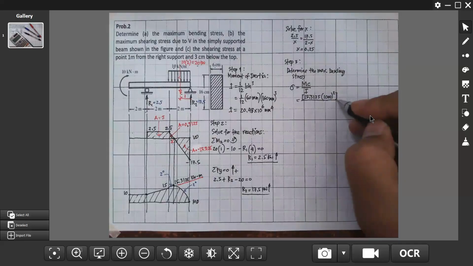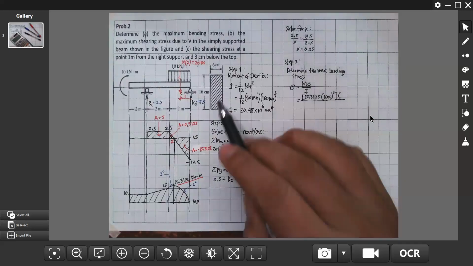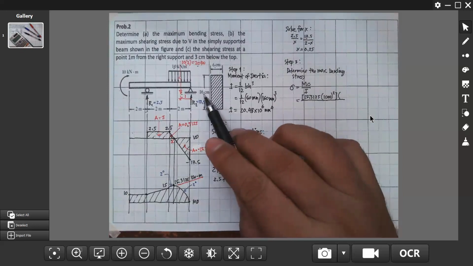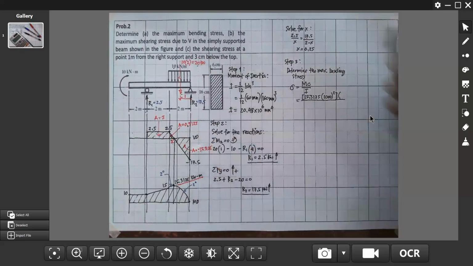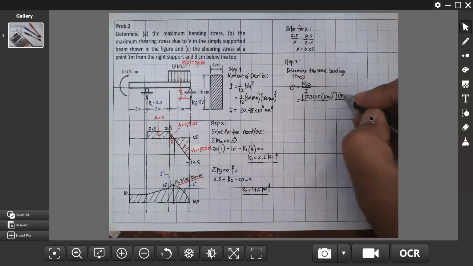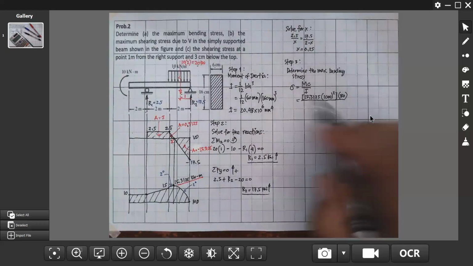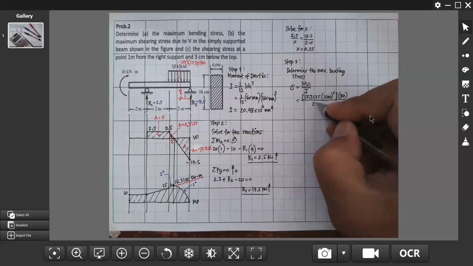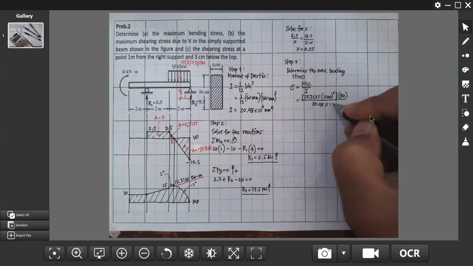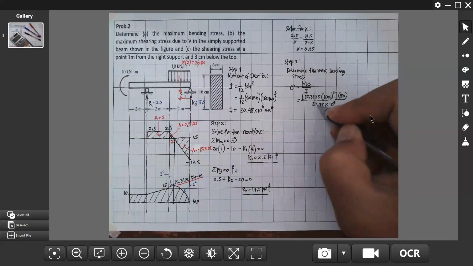That's the moment. The C is 1/2 of the height, 160 millimeters, so 80. And our I is 20.48 times 10 raised to 6.